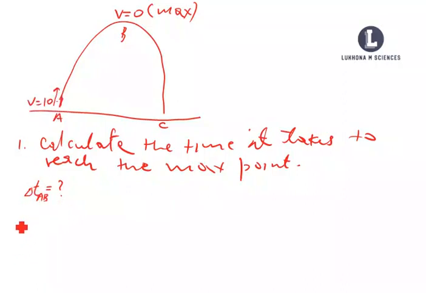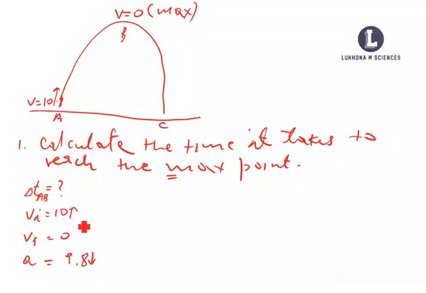We are given the initial velocity, that is 10 upwards. What else do we have? The term maximum point tells us the velocity is equal to 0, which in this case is our final velocity. What else do we have? The acceleration. We know that the acceleration is constant, 9.8, but downwards, right? So this is the data that we have.